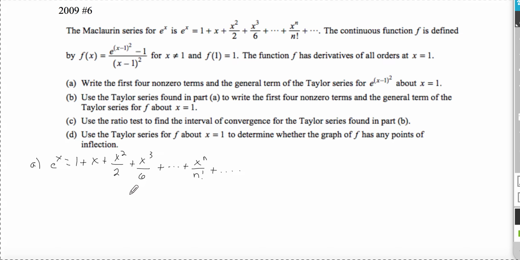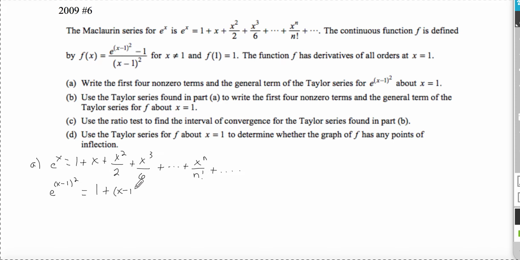All right. So what do we need to do to make this happen? We can base it off of what we know about e to the x. We know how e to the x works. If I'm going to replace this x, the only difference is I'm replacing this x with x minus 1 squared. So I can say e to the x minus 1 squared is going to be equal to 1 plus, I'm going to replace all these x's with x minus 1 squared.